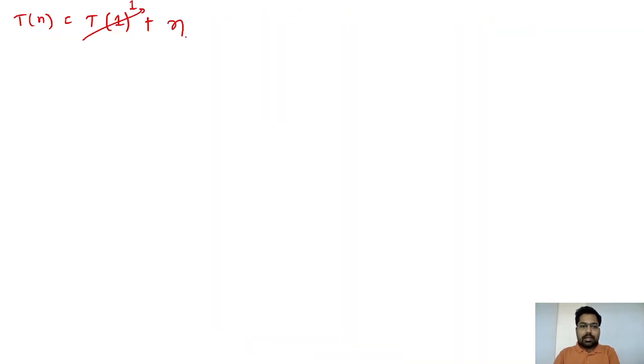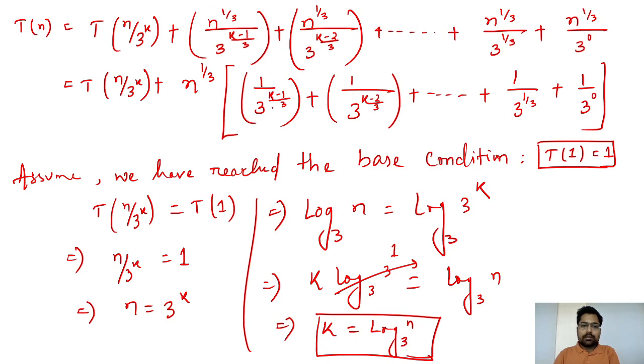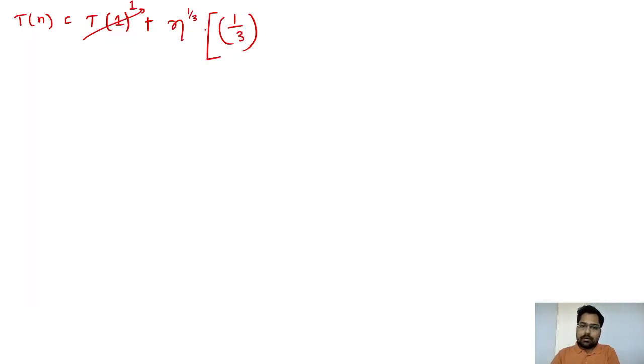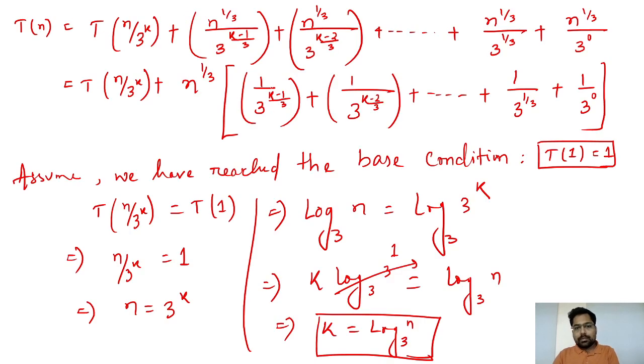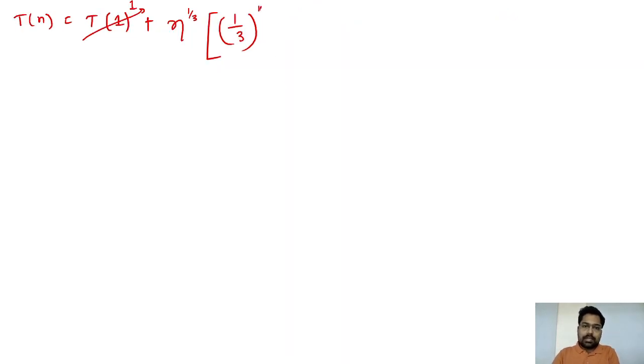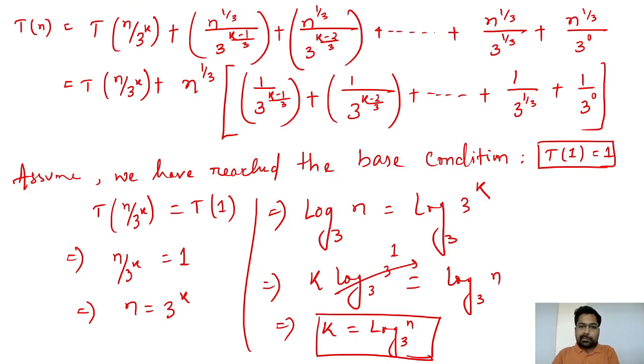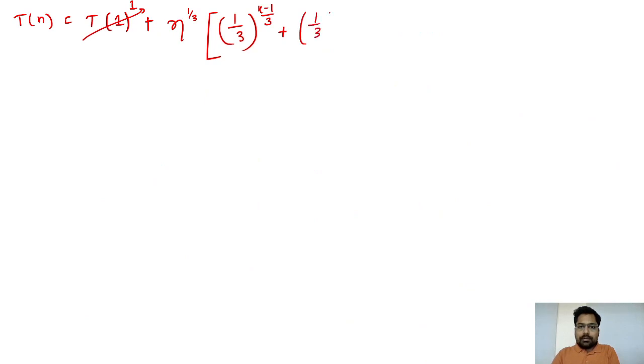Next is n to the power 1 by 3 we have to write. Next 1 by 3 to the power, because 1 to the power of anything will be 1. Clear? 1 to the power 0 is 1, 1 to the power k minus 1 is 1. So that is why I'm just taking the value outside of it. Clear? Next 1 by 3 to the power k minus 2.